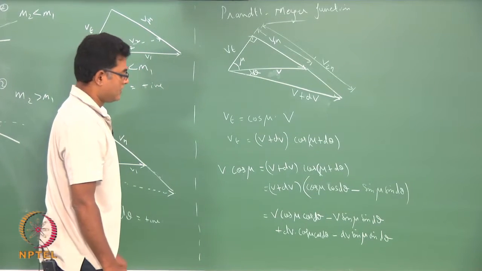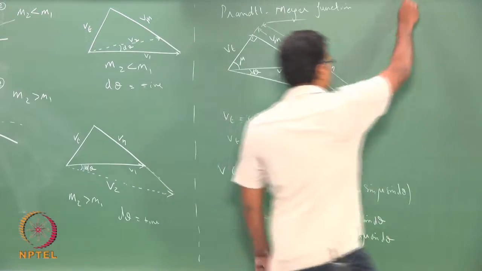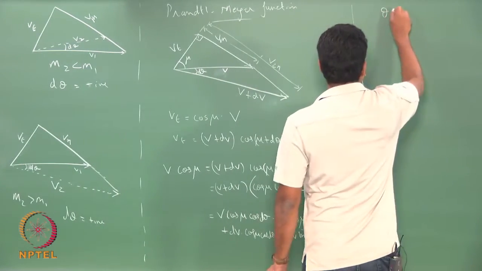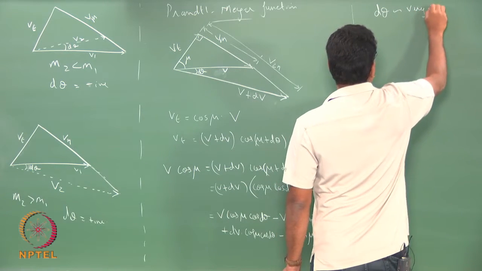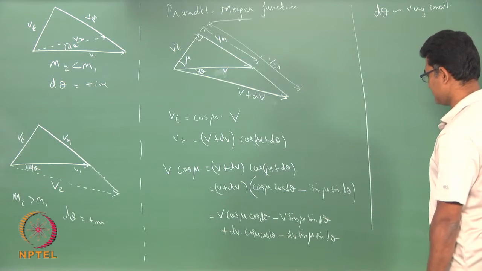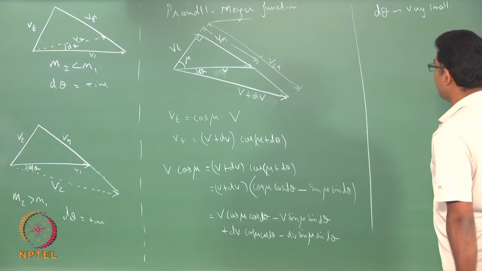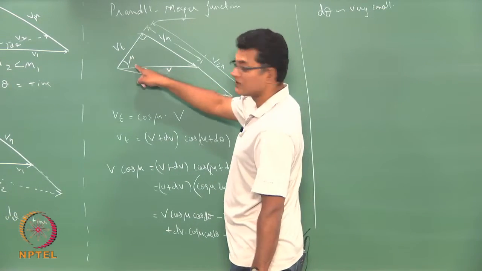Okay, I just expanded these brackets. Now I will assume d theta is very small. We have already assumed that when we decided this angle is mu.